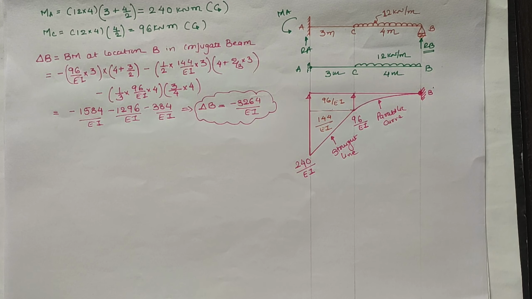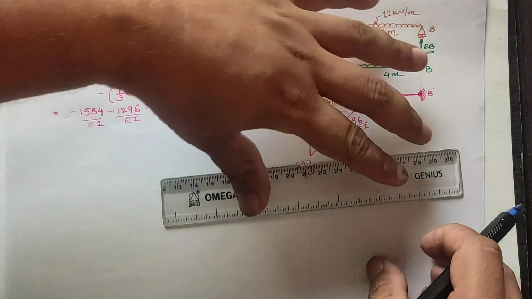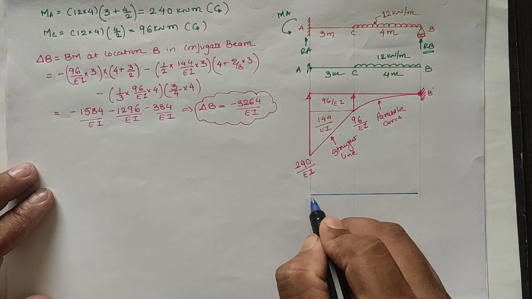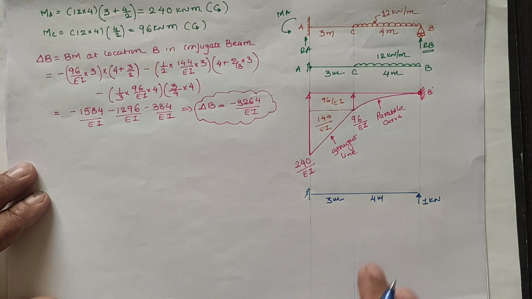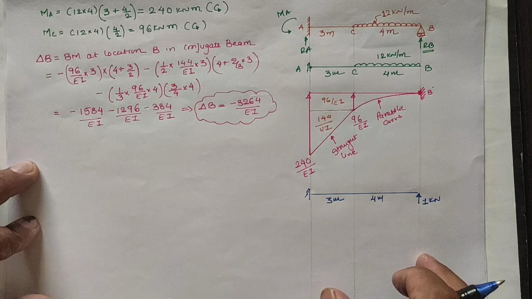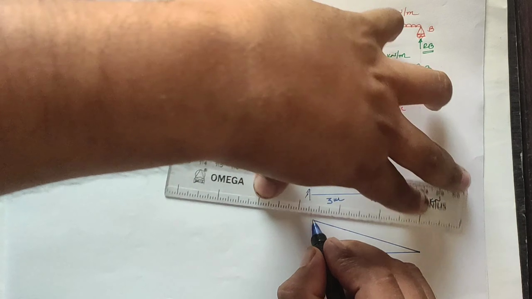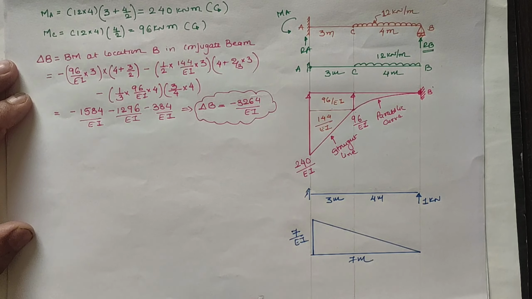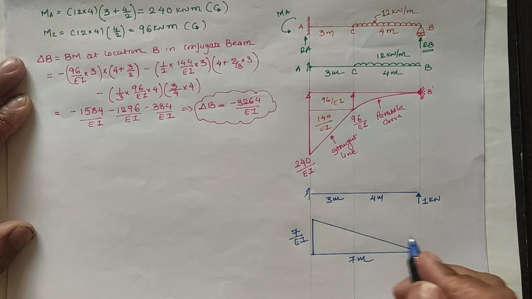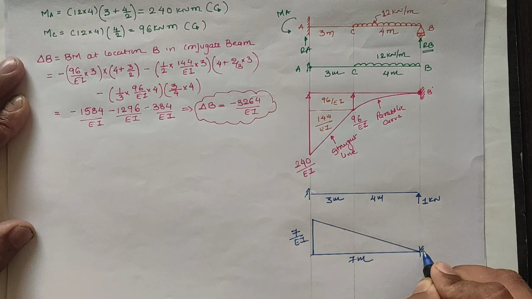Now going ahead with the application of a unit load at the location of the redundant point. After application of the point load, if we draw a bending moment diagram, then the M over EI diagram gives a uniformly varying load, and if we convert it into a conjugate beam, then fixed support becomes free and free support becomes fixed.